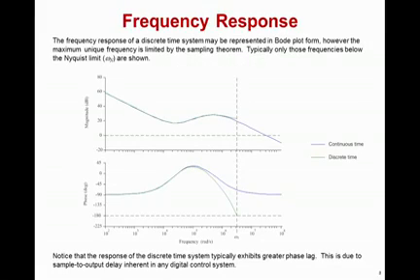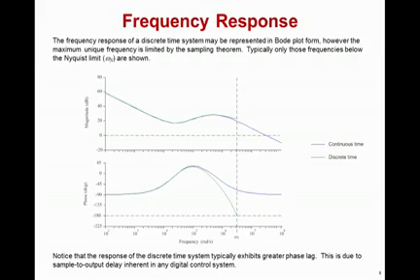The frequency response of a system is typically measured and displayed on a Bode plot so that you can analyze various characteristics of the system. In a digital system, you can see that only the frequencies below the Nyquist frequency, shown as omega n here in the graph, are plotted. This is because after this point you have sampling artifacts that prevent you from having a one-to-one mapping from the continuous time domain to the discrete time domain.